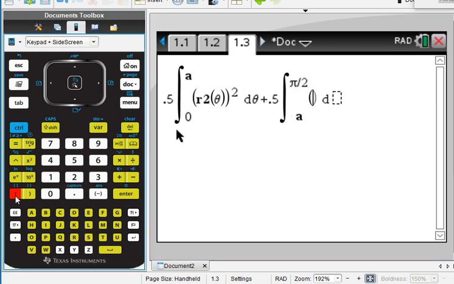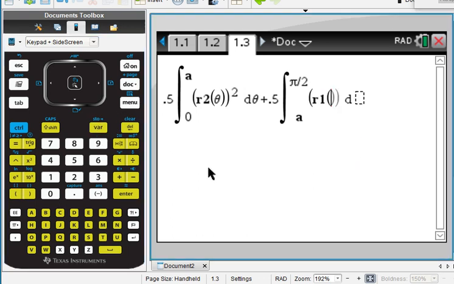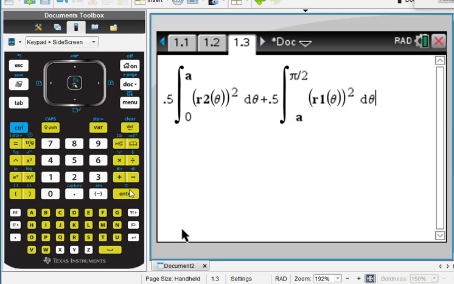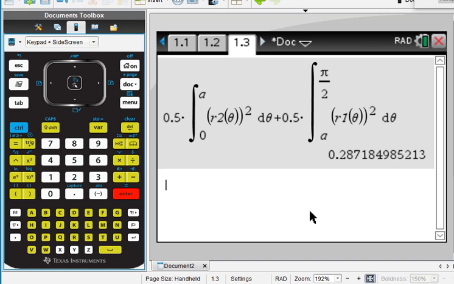And then r1 squared or cosine squared either way. And we get the same answer.